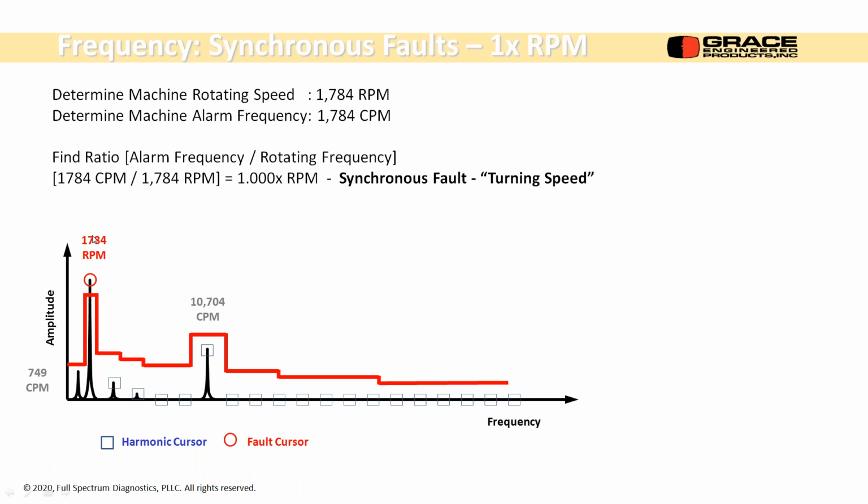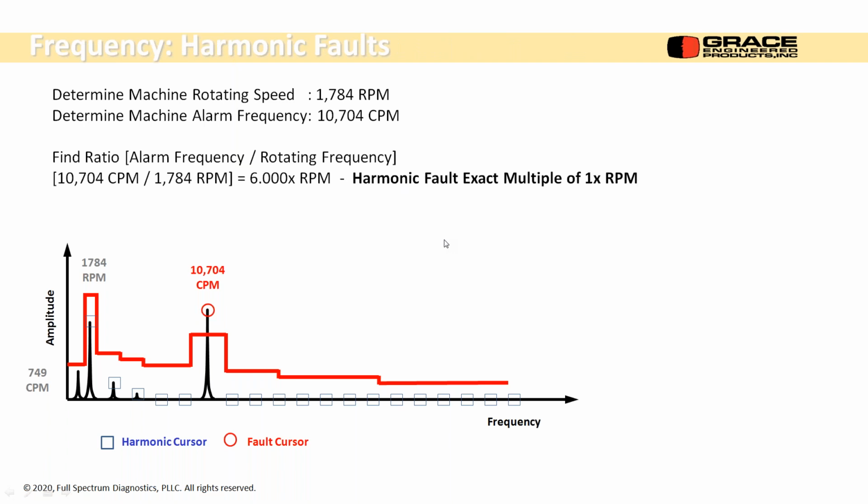So in this case, 1784 is my turning speed of the shaft. If I have a fault at 1 times or very close to 1 times, this is the mundane way to do it, but my fault's at 1784, my speed's at 1784, I divide them, I get 1 times RPM. So synchronous fault. Harmonic faults are multiples of turning speed.